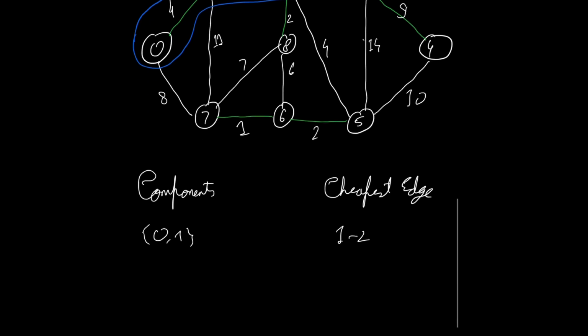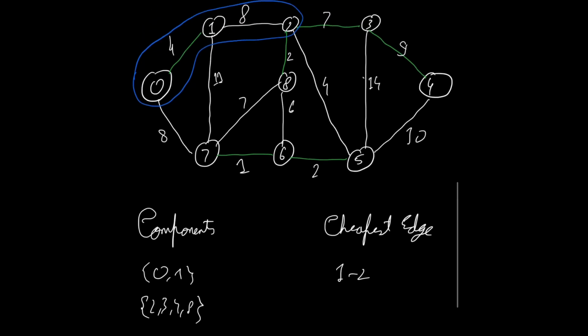Now the second component will be 2, 3, 4, 8, and the nearest edge to it will be 2 to 5, which is 4.